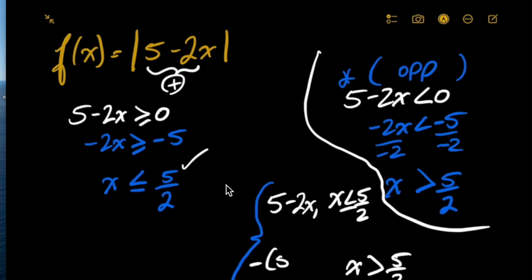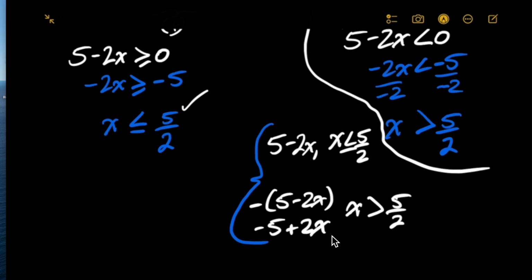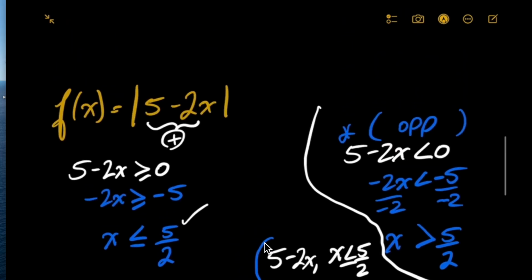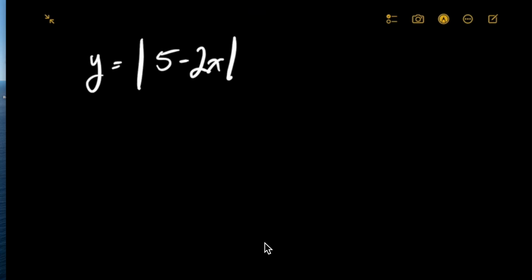So if we put a negative in front of this and distribute that negative, either form is okay. Now, let's look at this and graph this. So if we start out with y equals the absolute value of 5 minus 2x, let's see why this makes sense.